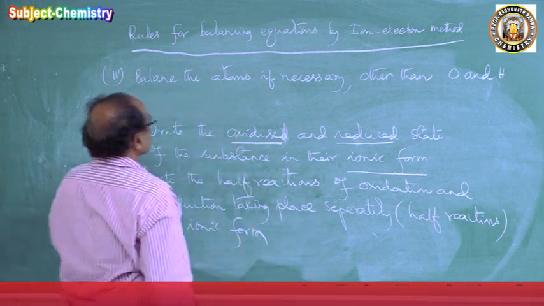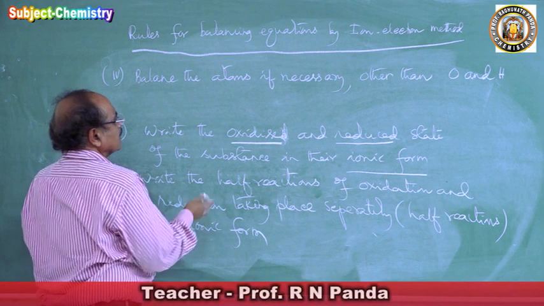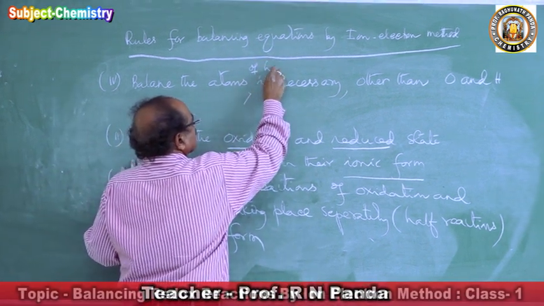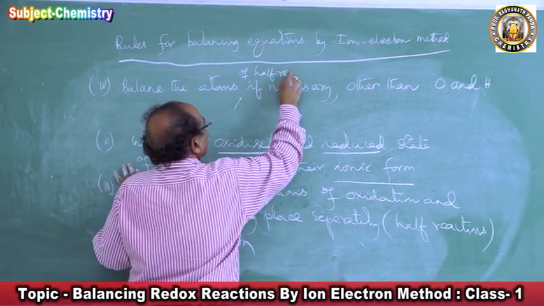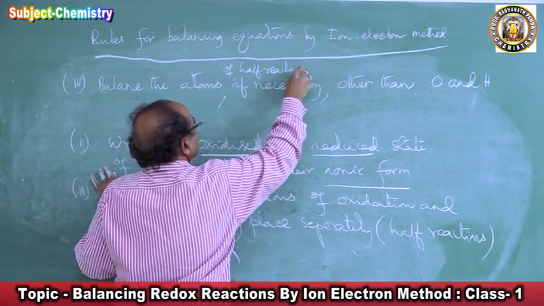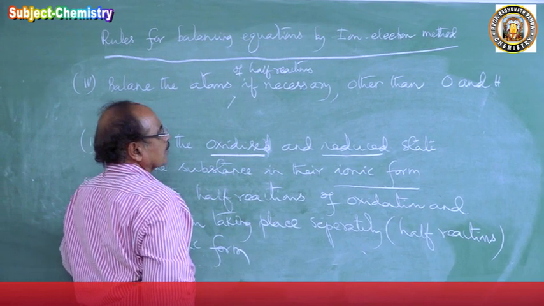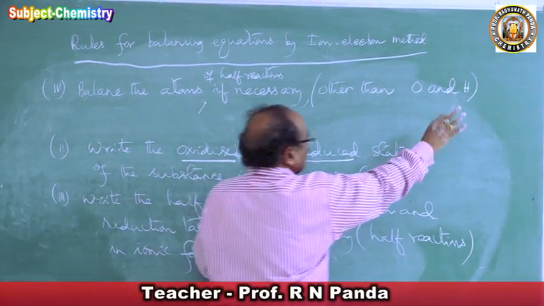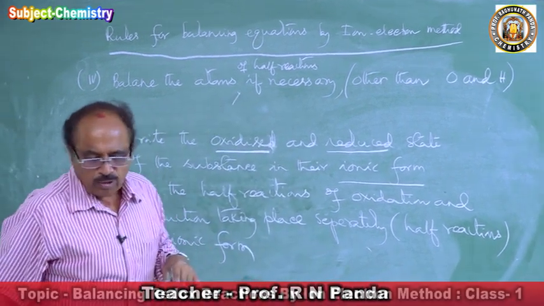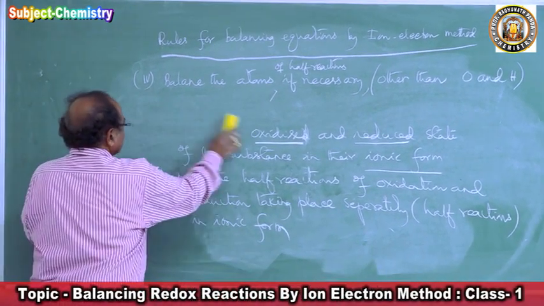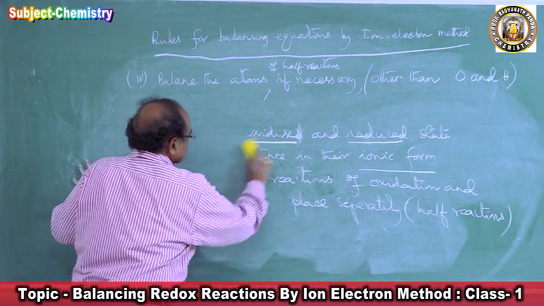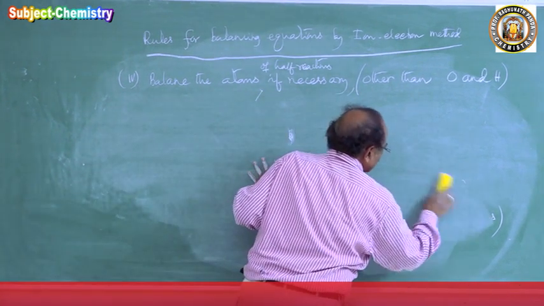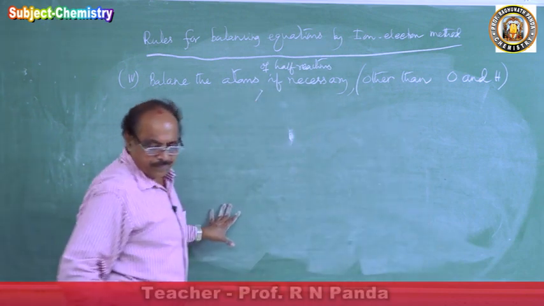Balance the atoms of the half reactions to get the atomic equation other than oxygen and hydrogen. We will not balance oxygen and hydrogen, we will balance the other atoms. So now we balanced. Then the question comes, how to balance oxygen and how to balance hydrogen.